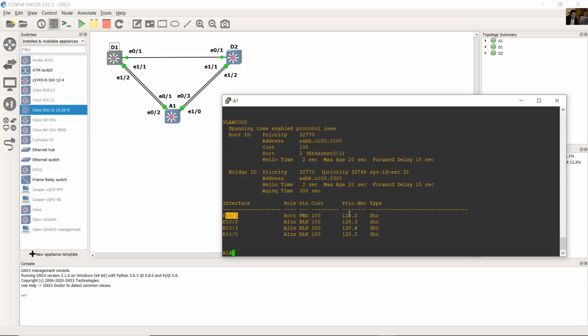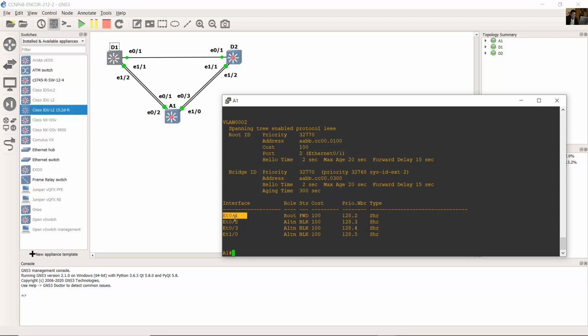for Ethernet 0/1, the priority is 2, which is lower than Ethernet 0/2. The priority is 3. So that's why Ethernet 0/1 is the root port and Ethernet 0/2 is alternate.